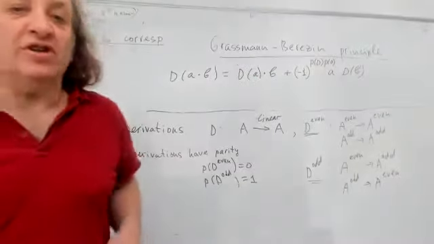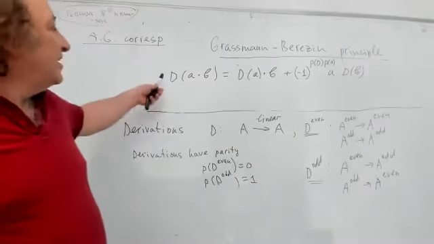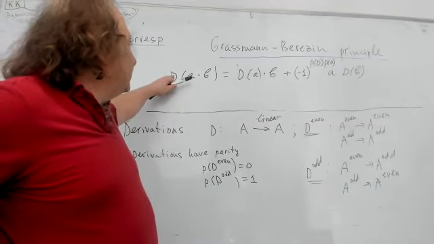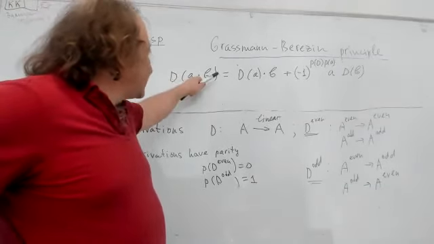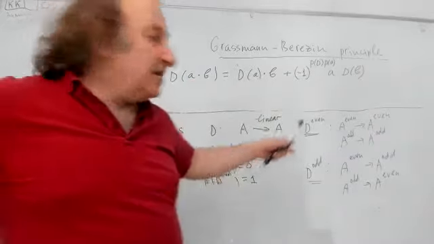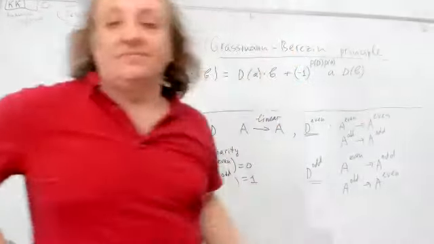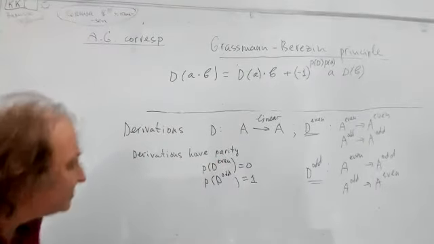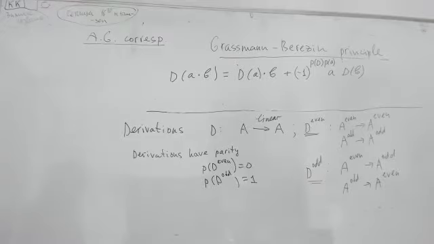So mnemonically, it means that I am somehow moving this D around A, and that's why I get this sign. Okay?